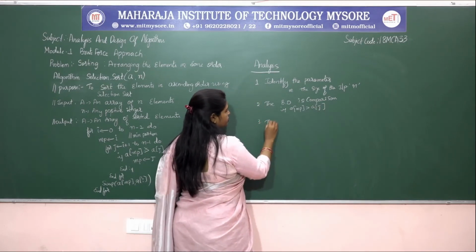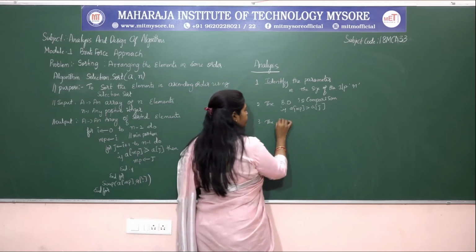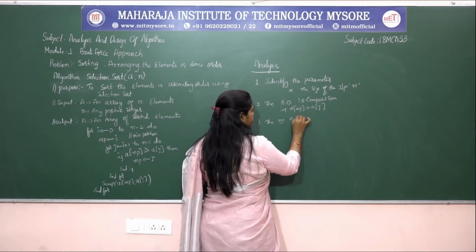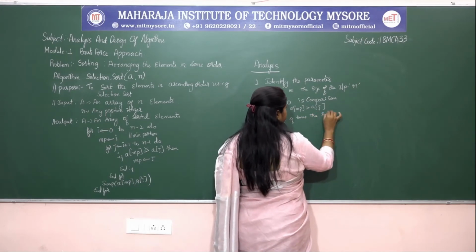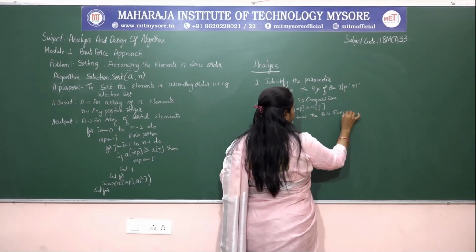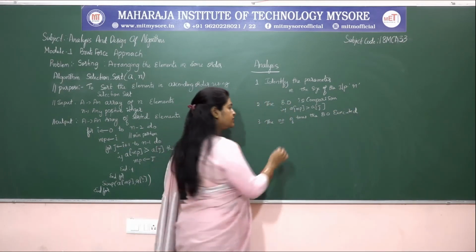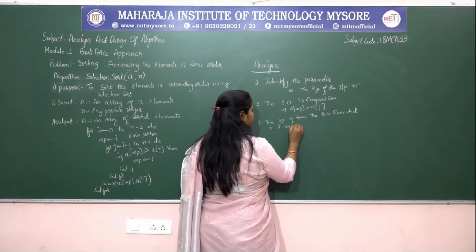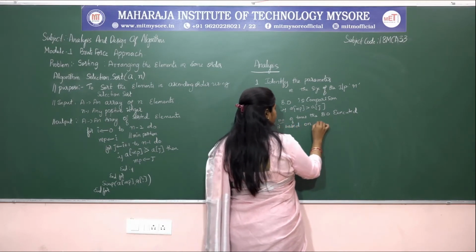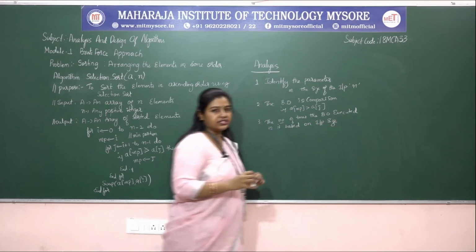The third step is to check whether the number of times the basic operation is executed is based on the input size.